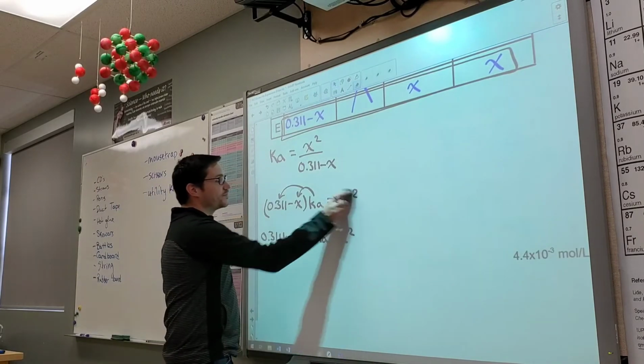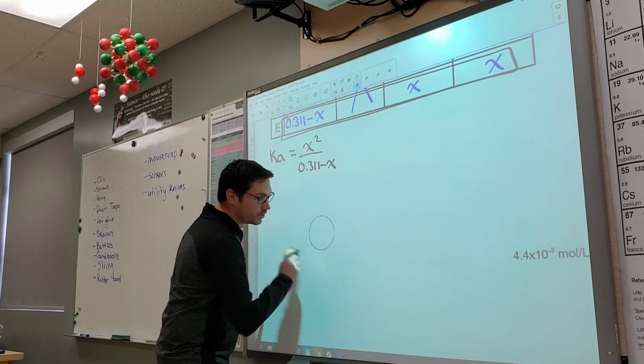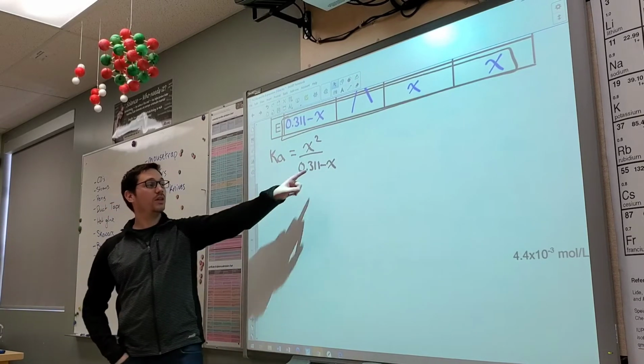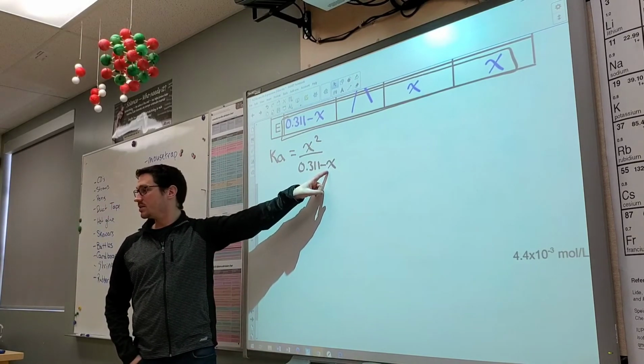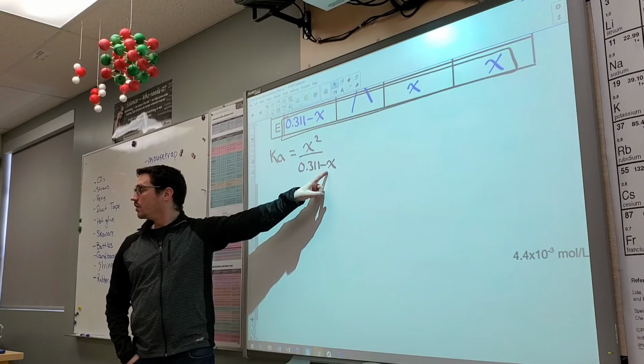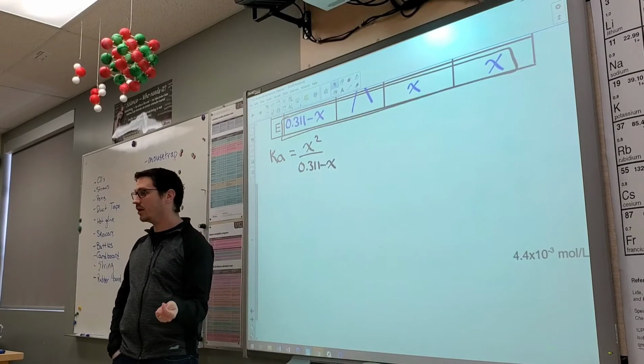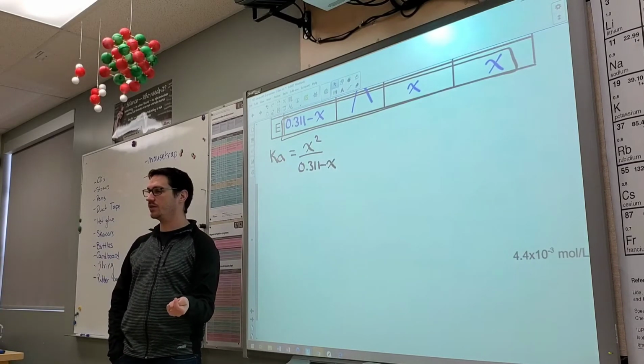So anyways, there are other things that we can do. If you don't like ignoring this minus x, you don't have to. What are some other ways that we could find the solution to this? People who are in math 20-1 or 30-1 should know.